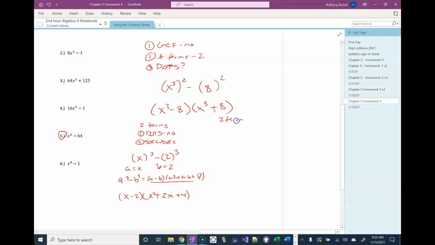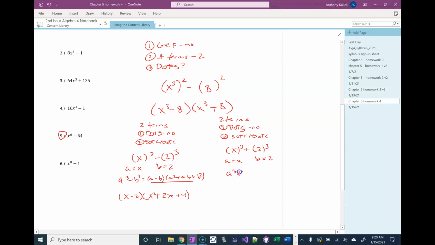Now we'll go and look at the x cubed plus 8, also 2 terms. Again, first we'll look for a difference of 2 squares. Nope. Next we'll look for a sum or difference of 2 cubes. Yes, well, it's a sum this time of 2 cubes, but it's the exact same values for a and b.